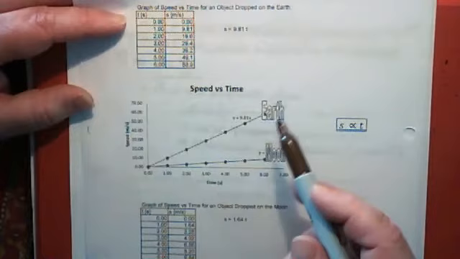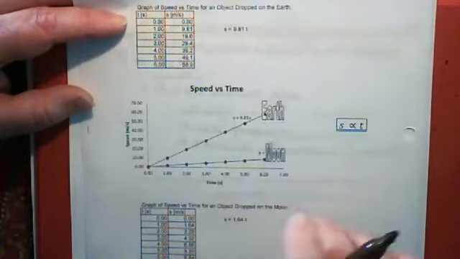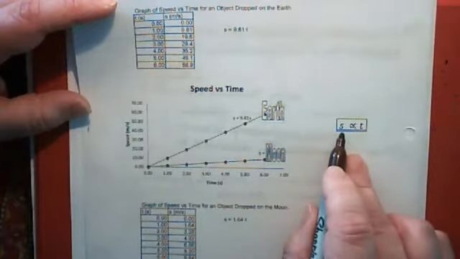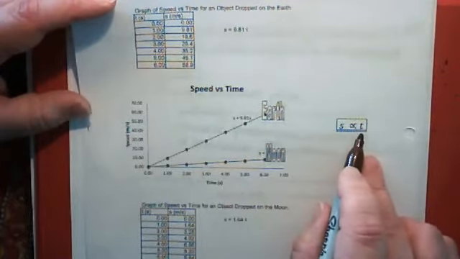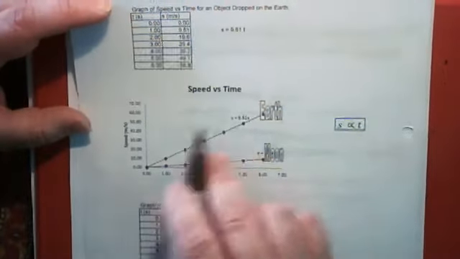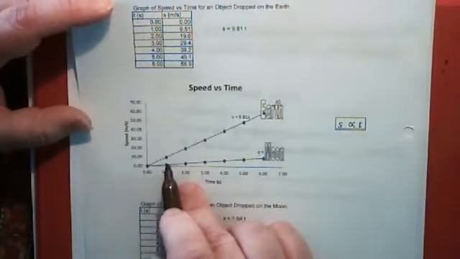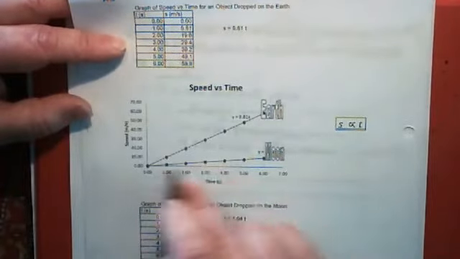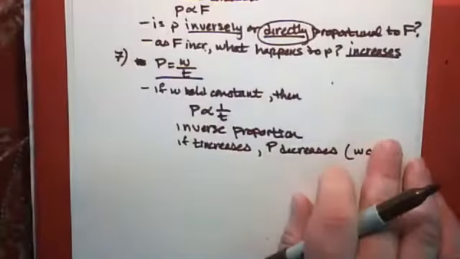Speed changes linearly with time when you drop something. So speed is directly proportional to time. And here are the data for the Earth and the data for the moon. Things drop faster on Earth because gravity is greater on Earth. But either way, it's a direct relationship.